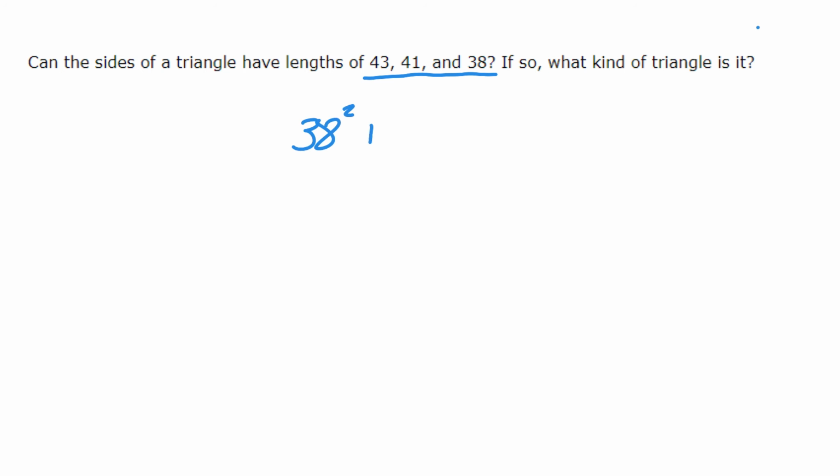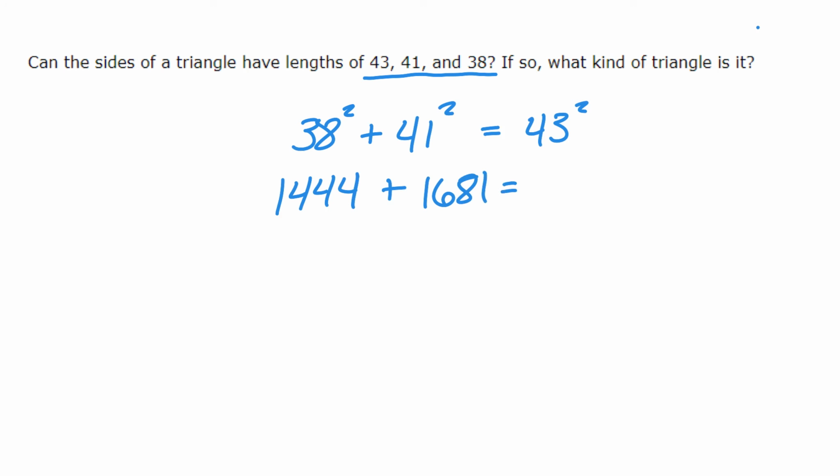Leg squared plus leg squared compared to the hypotenuse squared. Now we need a calculator for all of these, of course, but 38 squared, I've already got this in my calculator, is 1444. 41 squared is 1681.